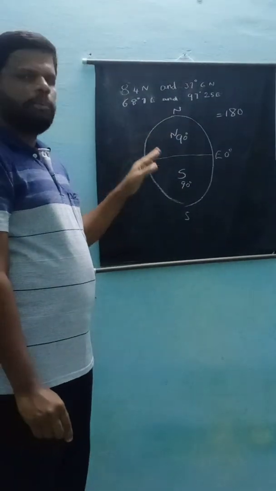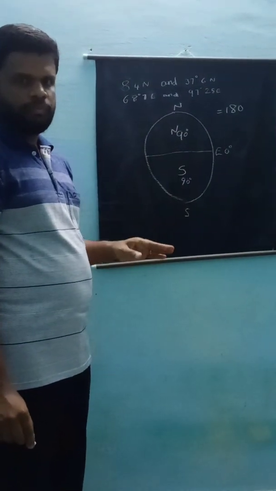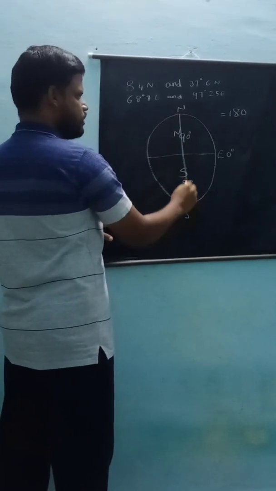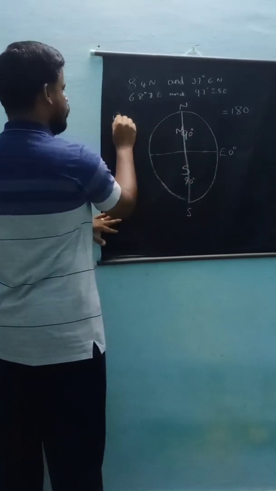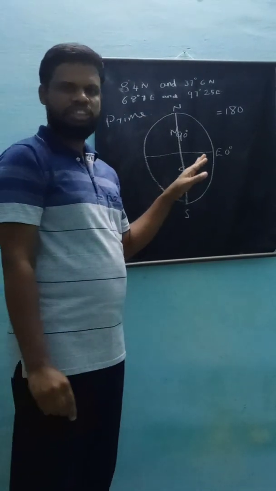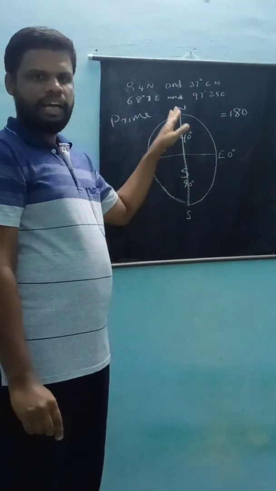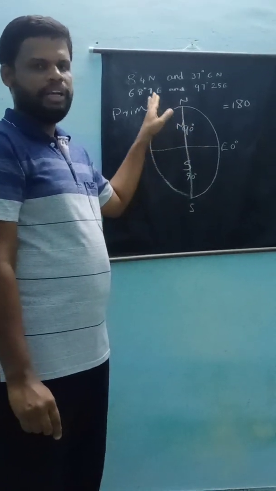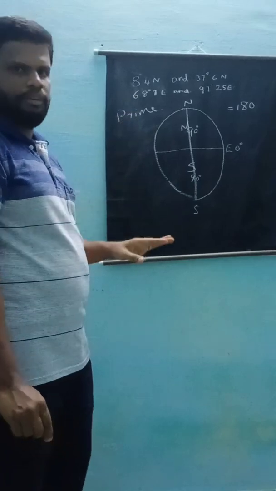Now whenever we come to longitudes, the middlemost longitude line is called the prime meridian or Greenwich meridian. Greenwich is the place which is near London, and the line passes through Greenwich. Because of that it is called the prime meridian or the Greenwich meridian.